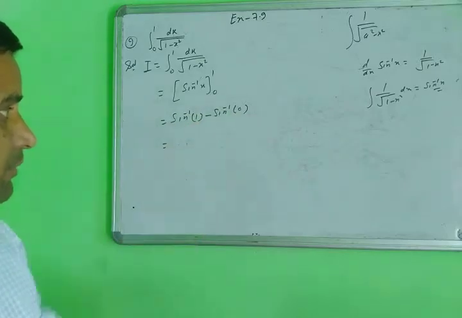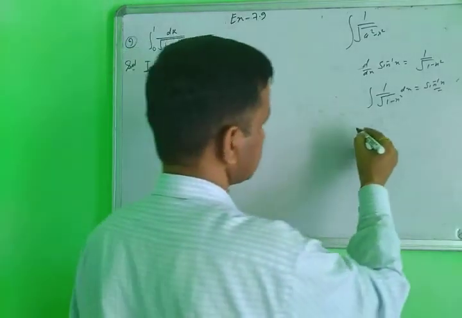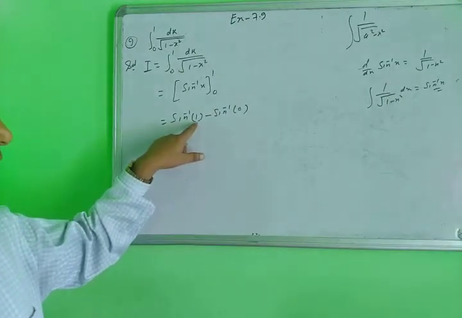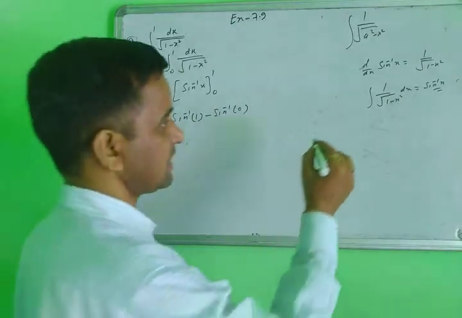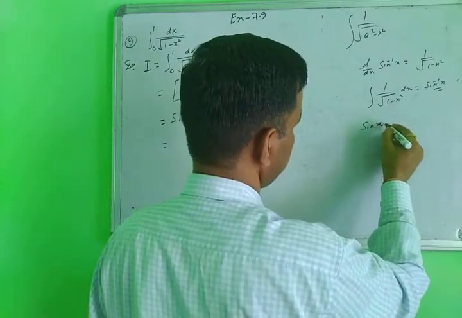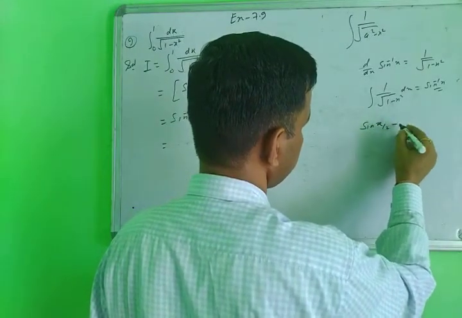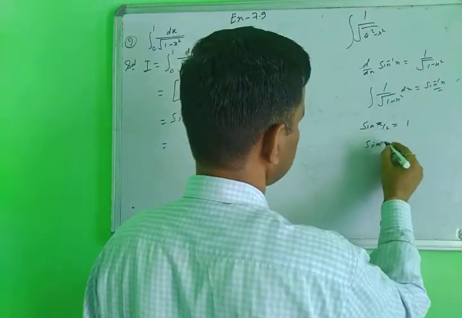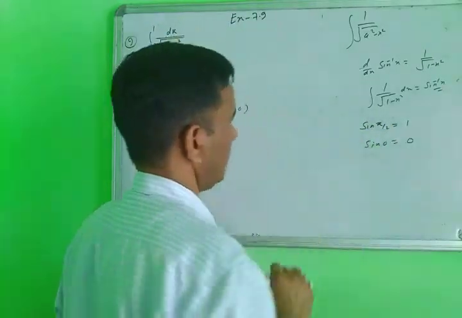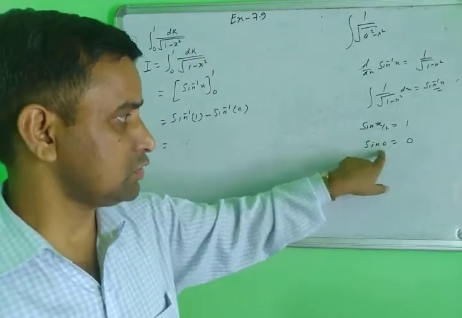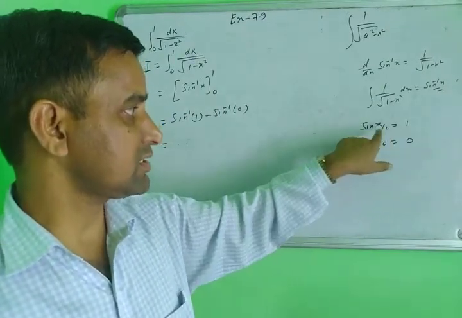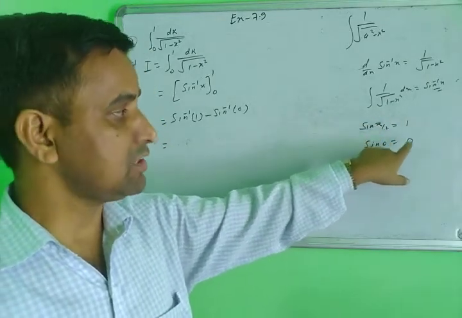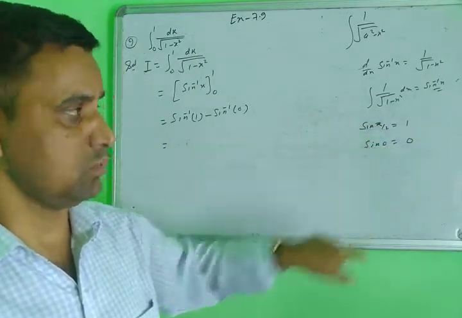So you will check sin inverse 1. Which value of sin is 1 here? Sin 90, which means pi by 2, is equal to 1, and sin 0 is equal to 0. In place of 1 you will write sin pi by 2, and in place of 0 you will write sin 0.